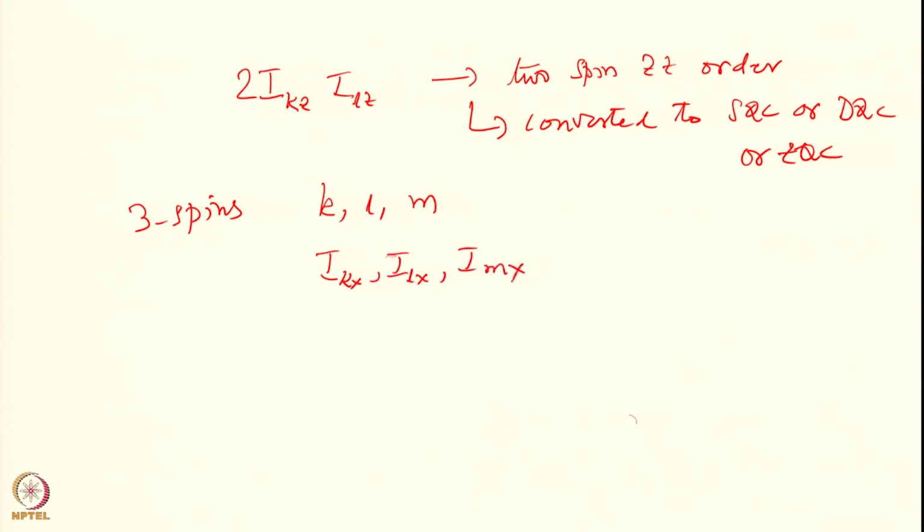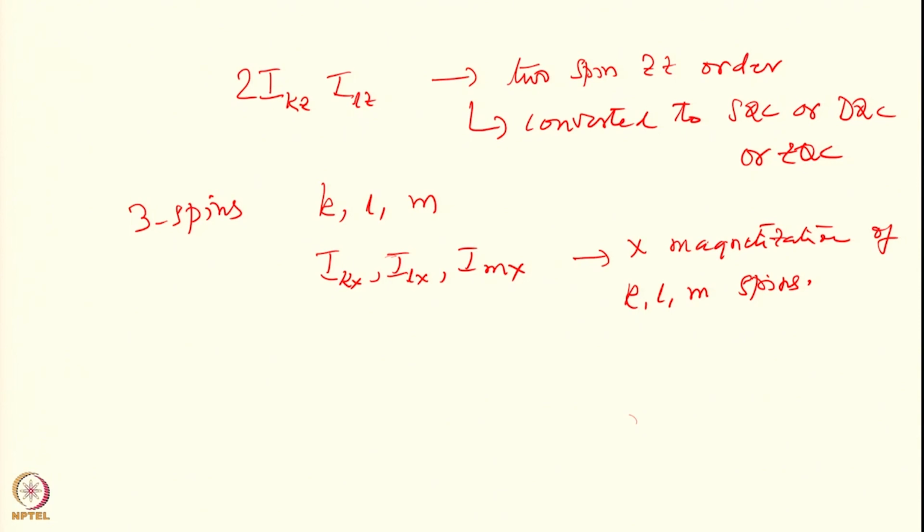These are the individual X magnetizations of K, L, M spins. And the two spin terms will also be available. You can make combinations of 2IKX ILZ or 2IKX IMZ and so on and so forth. So there will be 2 spin terms also there.